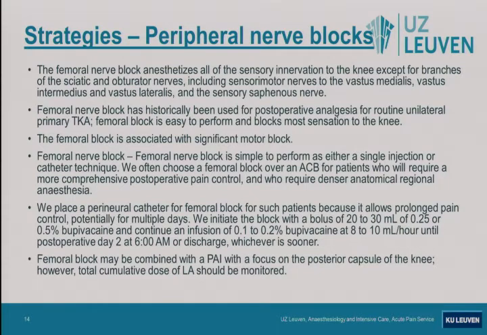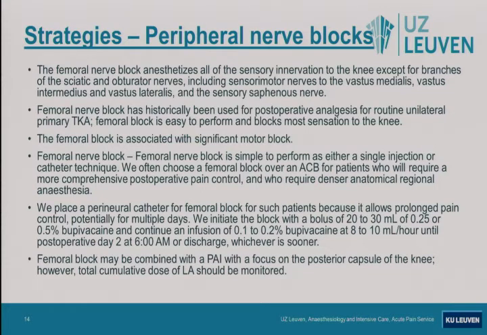You get quadriceps fallout, complete quadriceps fallout after doing a femoral nerve block. So that is one of the things that you have to think about. It's very suitable for patients that aren't going to mobilize early, that you do not expect them to move or walk or get out of bed.